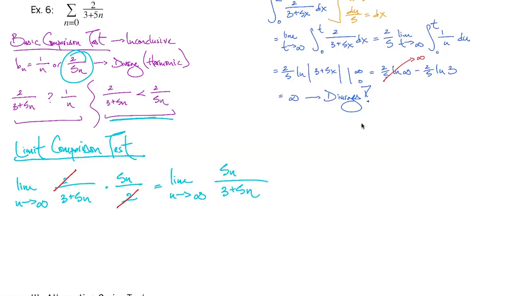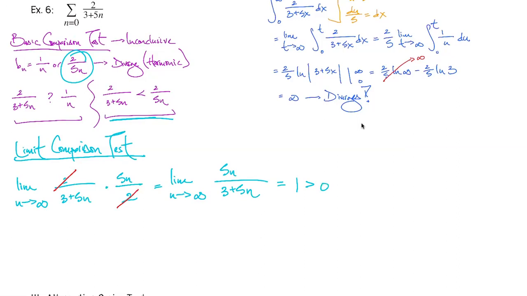Now, you could use L'Hopital's here. You could also think as n approaches infinity, the 3 is going to become negligible. So really, you're looking at a 5n over 5n situation. So what value is that going to? 1. It's going to 1.